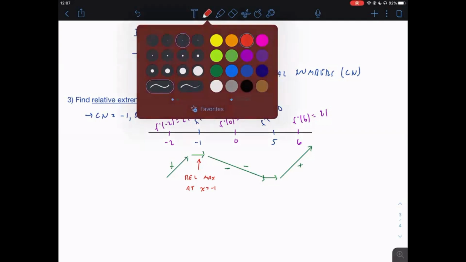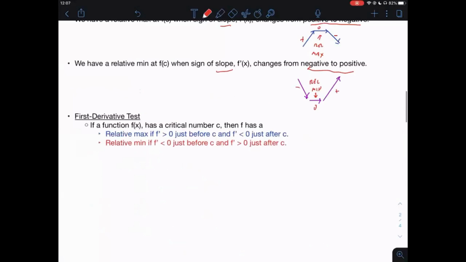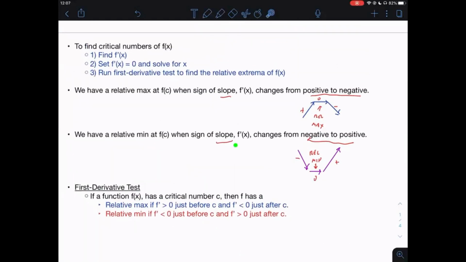Meaning then, at x equals 5, our function reached a relative minimum. So we had a relative minimum at x equals 5. Okay, because again, a relative minimum occurs when the direction of your function changes from negative to positive.